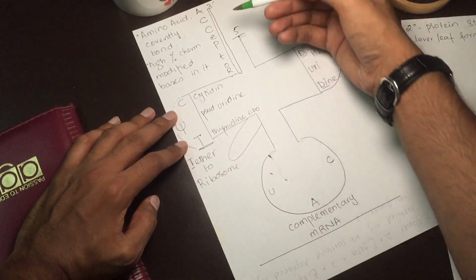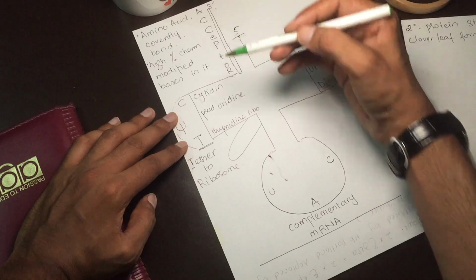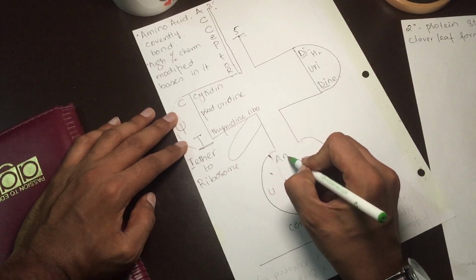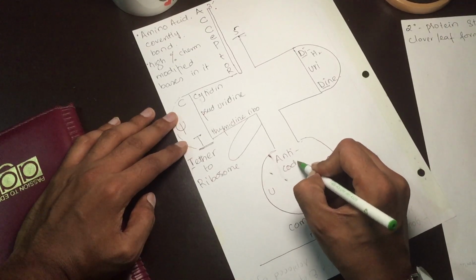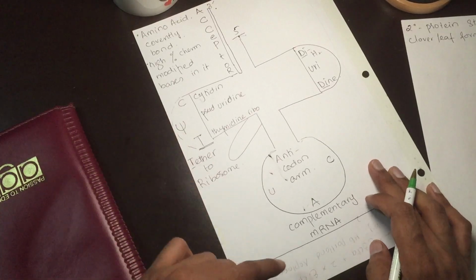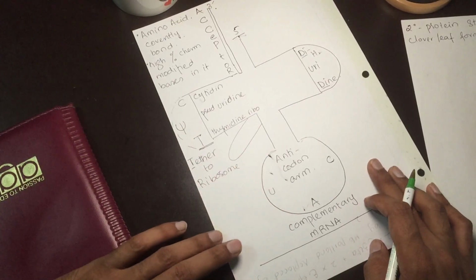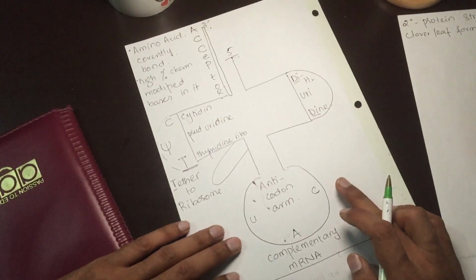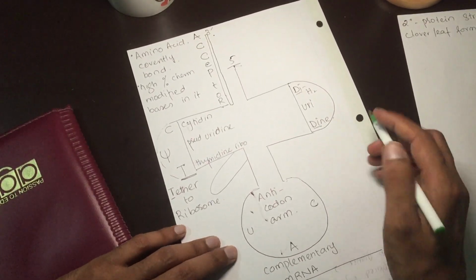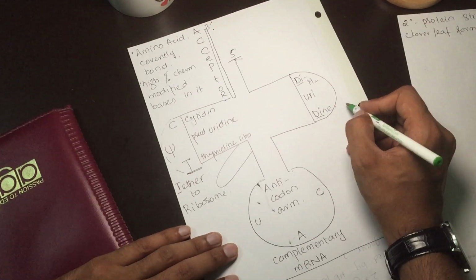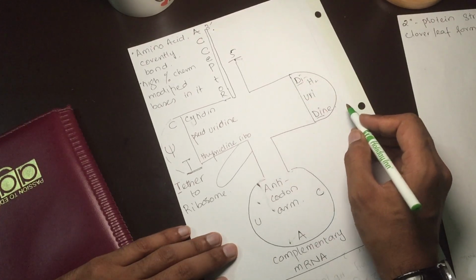Then opposite to this acceptor site is the anticodon site. This is the anticodon arm or anticodon site, and it is complementary to the messenger RNA. The next we have the D arm, and this D arm has an enzyme.